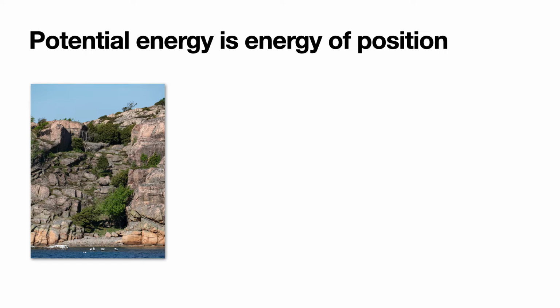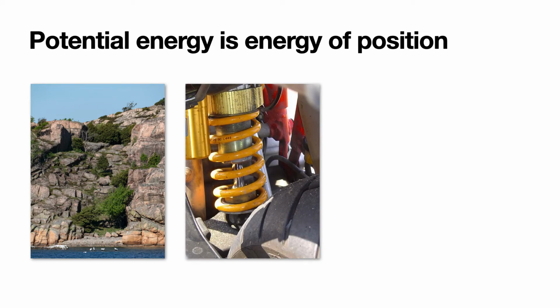You can also have potential energy associated with things like the shape of an object. For example, a compressed spring in a shock absorber has a lot of potential energy that's stored in that spring. Now, in chemical systems, the potential energy shows up mainly in the arrangement of atoms and molecules.